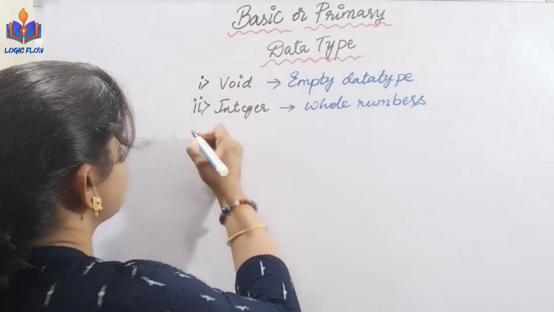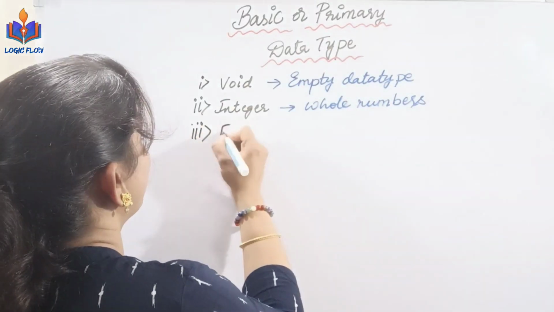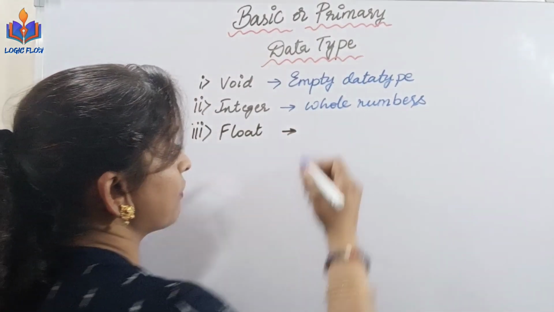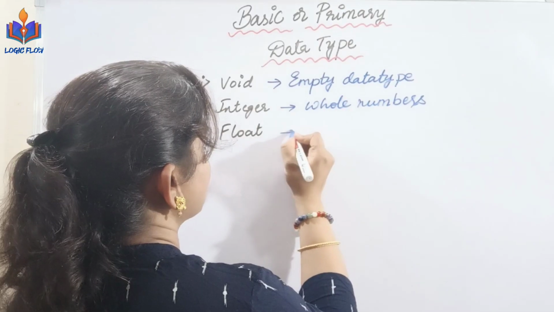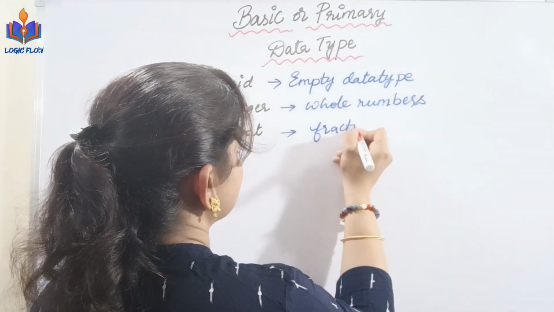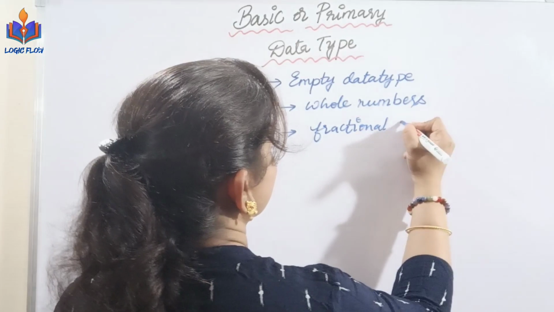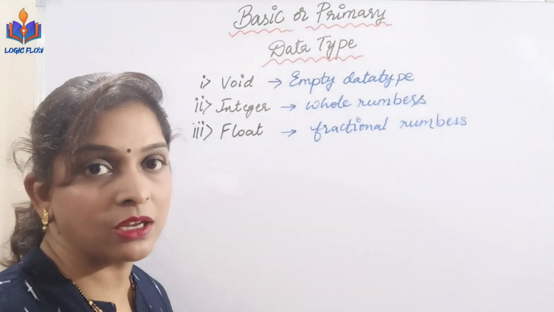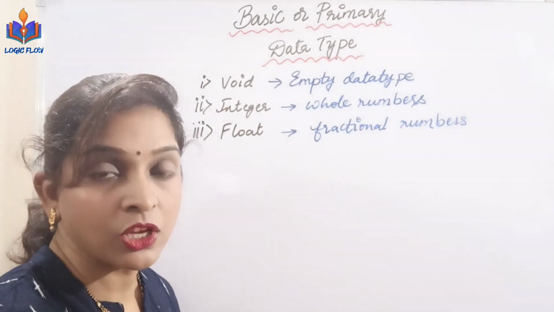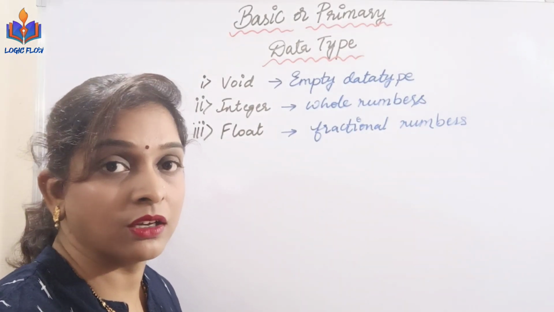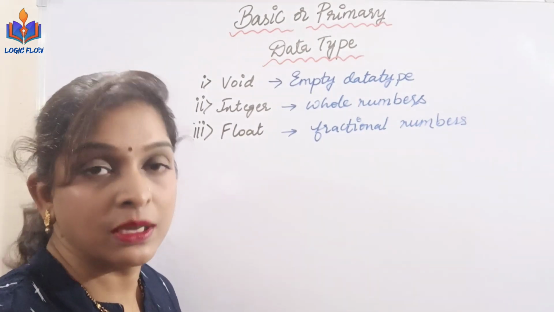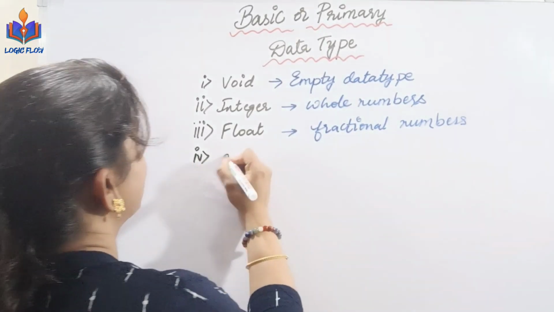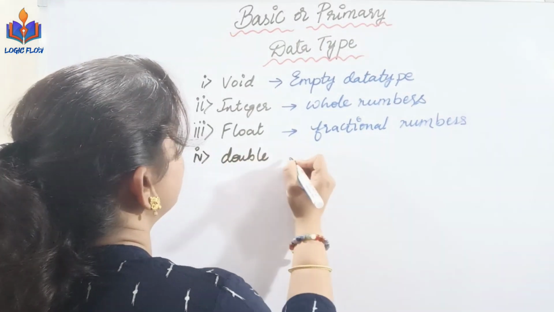Then the next one is the float data type. It can store fractional values, but can support a limited amount of decimal places. So if I want to store a very big float number with more decimal places, then I have to go with one more data type, which is the double data type.